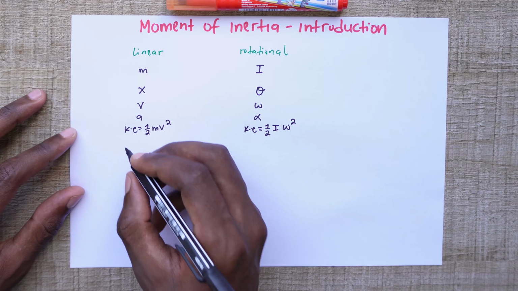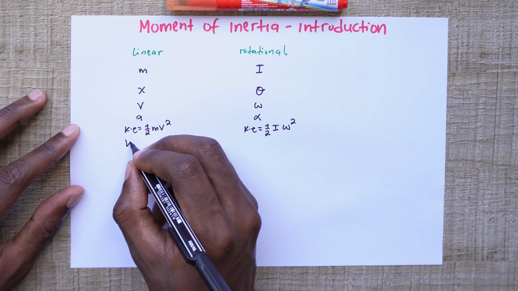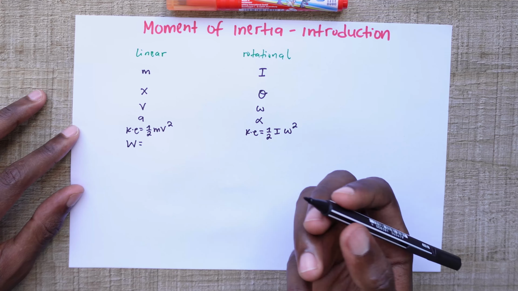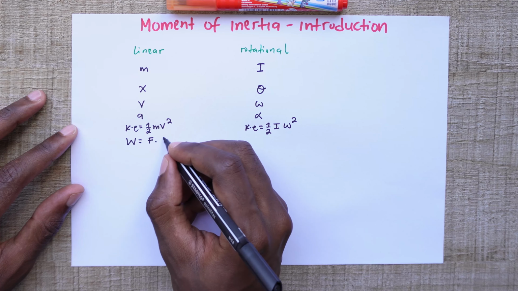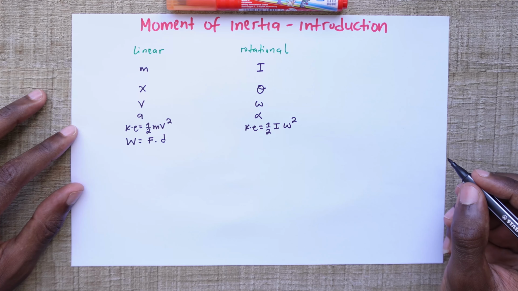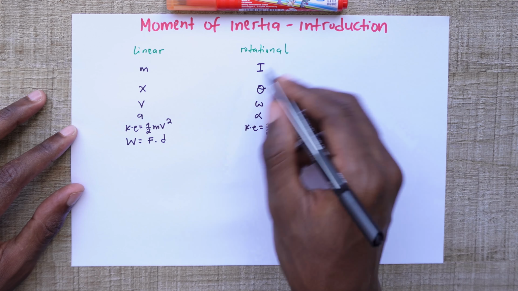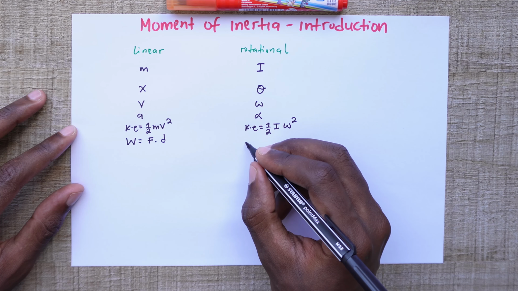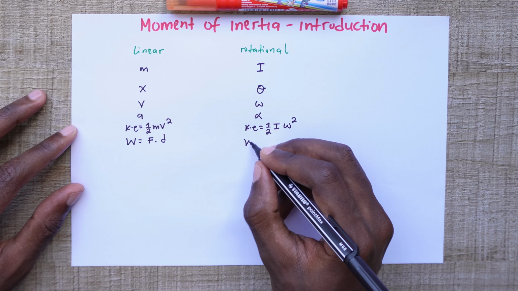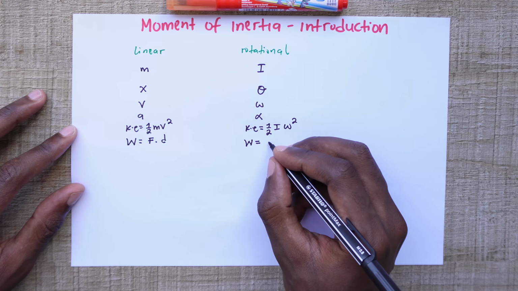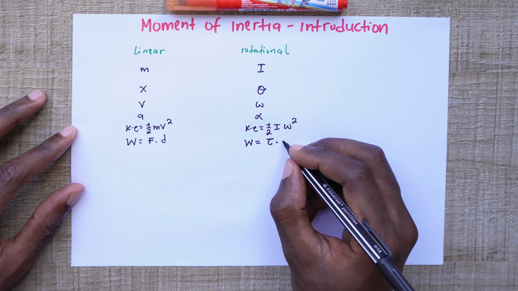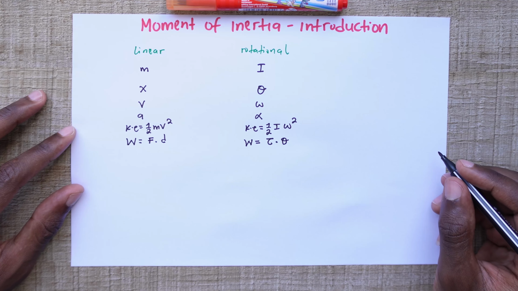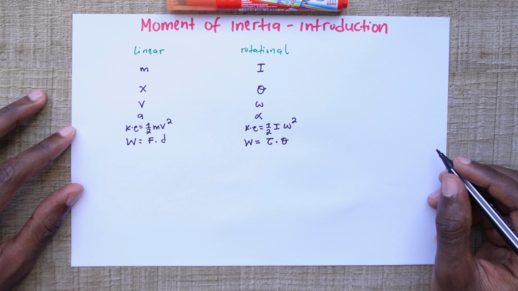In a similar way, let's say we want to get the work done, W. If you're in a linear motion, then you take a force and multiply that force by a displacement. Similarly, if you're in a rotational motion, then to calculate the work done, we take the torque, usually denoted tau, and multiply it by the displacement, which in this case is an angle, a rotation.